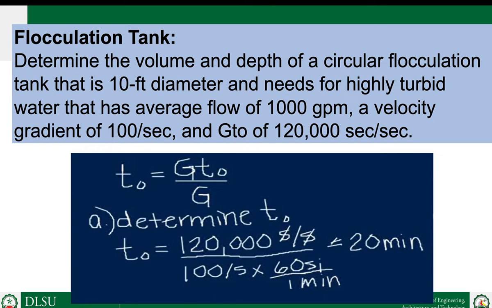So to solve for the flocculation time, T sub O equals GTO over G. GTO is given as 120,000 over your G, which is 100 per second. And we're going to convert the unit of time to minutes, and we arrive at 20 minutes for the flocculation time.